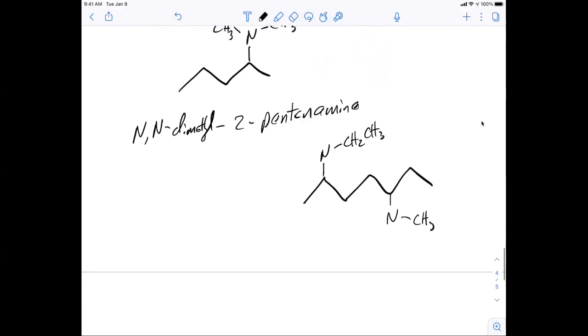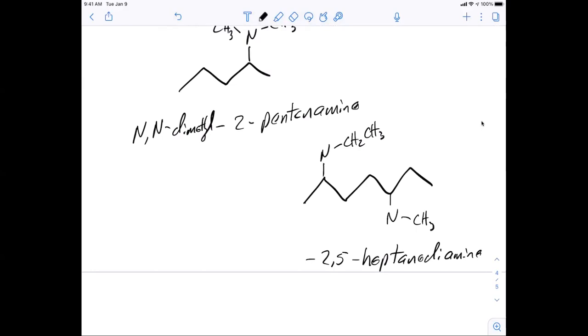If we looked at something like this, this would be a diamine. And so in this case, we have 1, 2, 3, 4, 5, 6, 7. So it's going to be heptane diamine. And then our numbers here are 2, 3, 4, 5. But notice now I have a methyl and an ethyl, right?